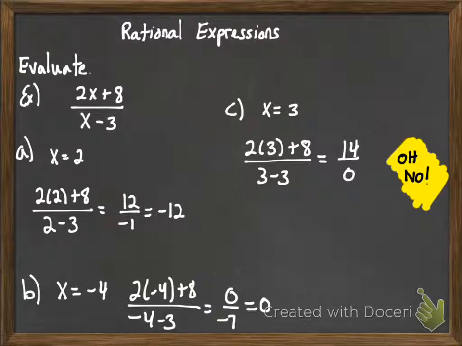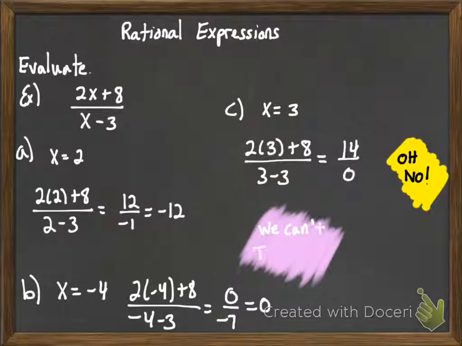The denominator is 0, and we can't divide by 0. We say that's undefined. So that expression, 14 over 0, is undefined, which means that the algebraic expression, 2x plus 8 over x minus 3, is going to be undefined when x is equal to 3, and it's undefined because x equals 3 makes that denominator 0.